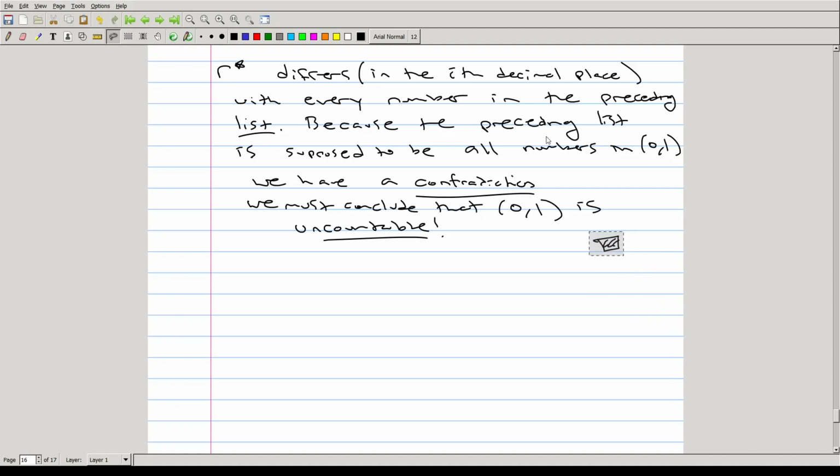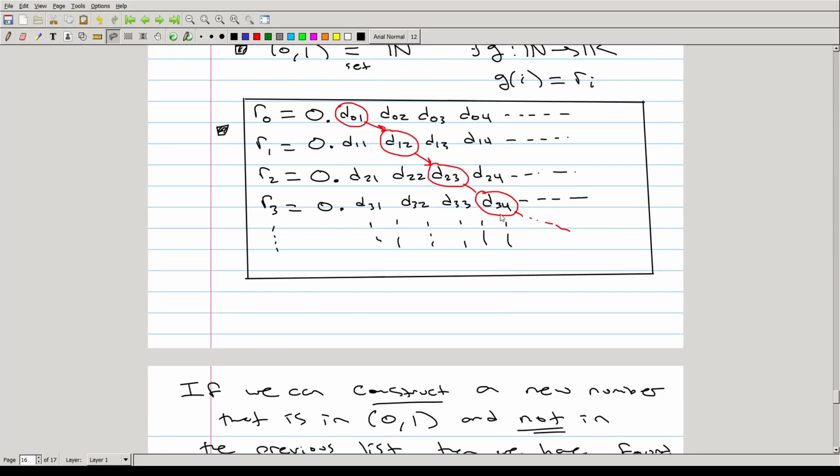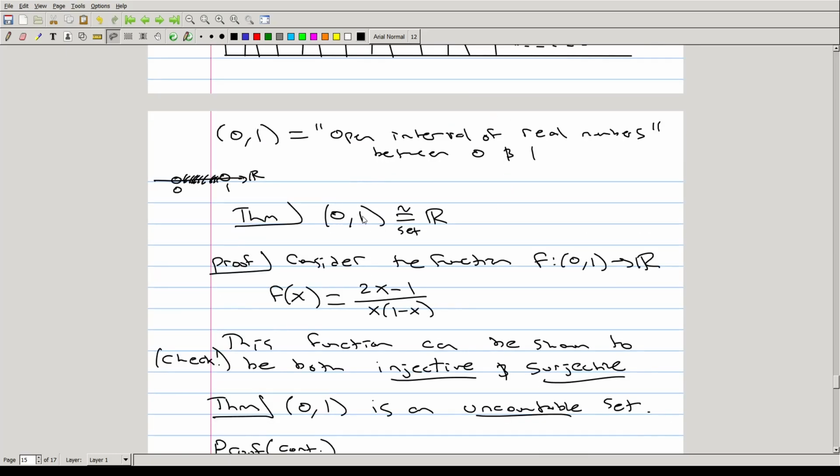And so this, combined with the bijection that I went over earlier, shows that the set of all real numbers is uncountable.